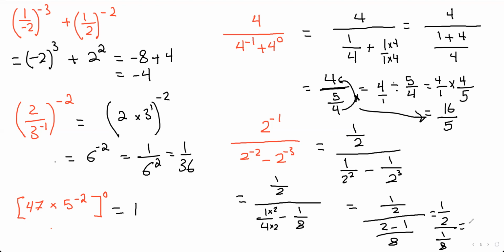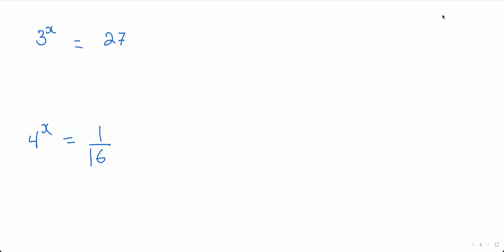Now this is the same as 1/2 divided by 1/8, which is the same as 1/2 times 8 over 1. And that will reduce to give you 1, and that will reduce to give you 4. So 1 times 4 on top is 4, and you have 1 times 1 on the bottom, which is 1. When it's 1 on the bottom, you don't have to write it. So the answer for this is 4.